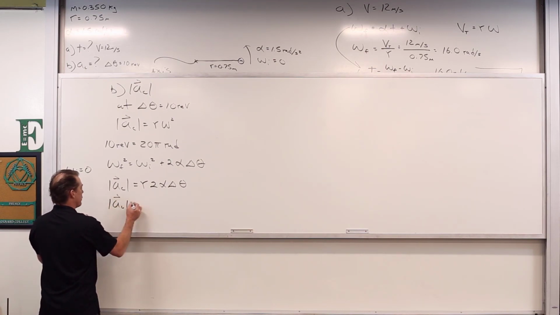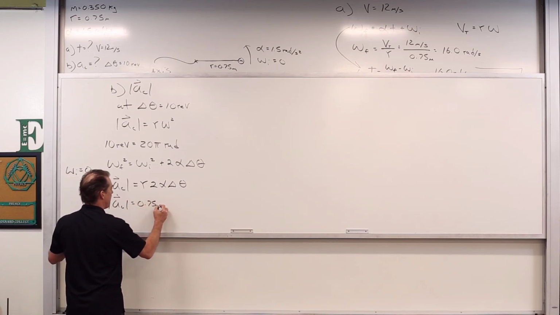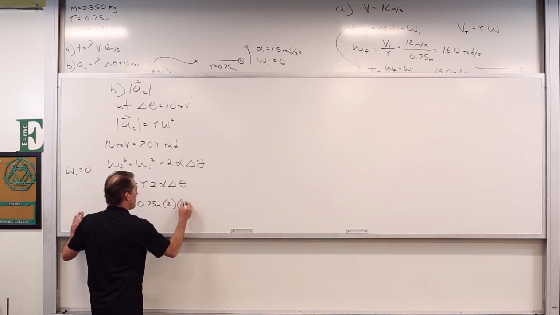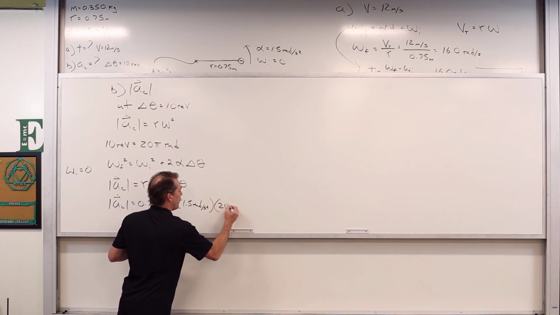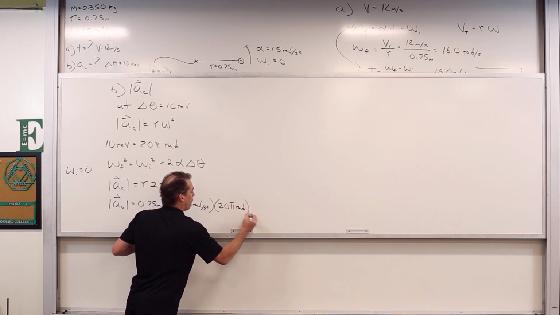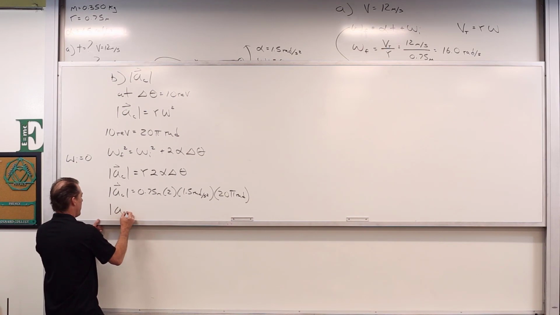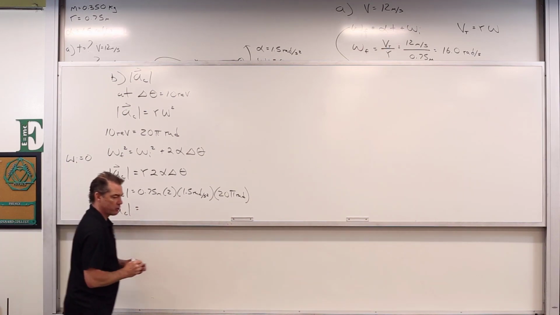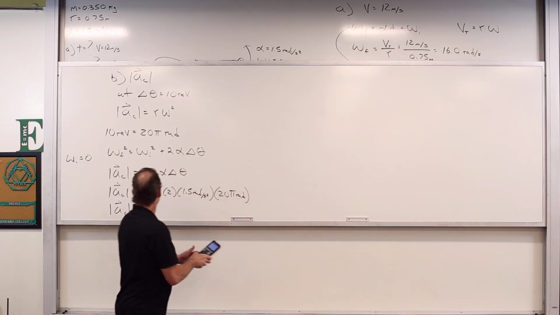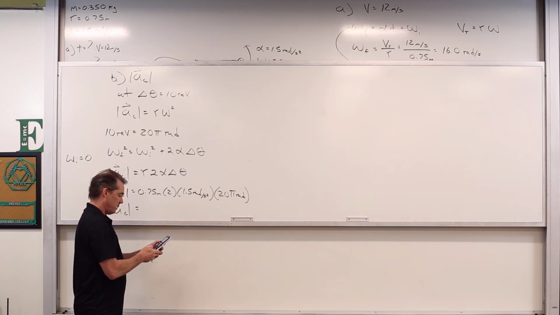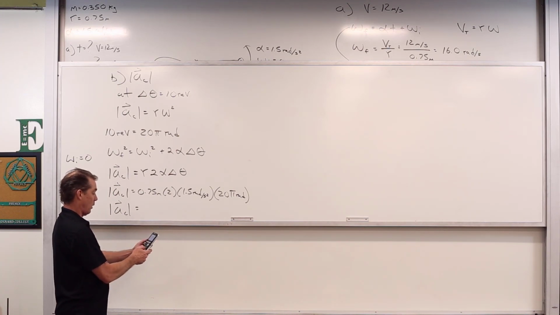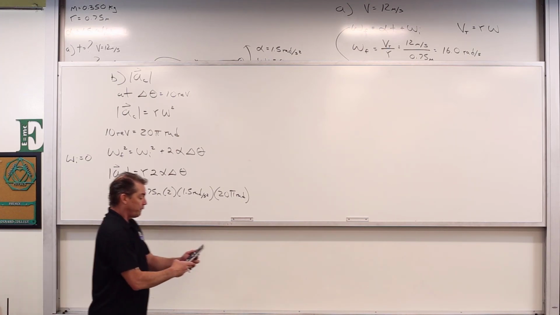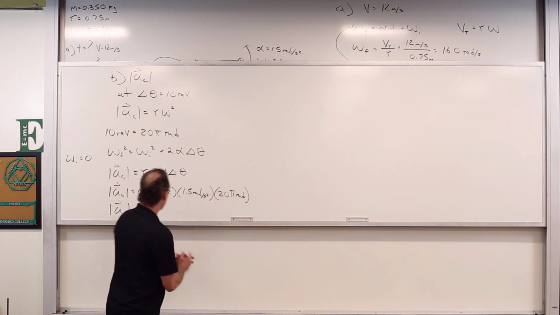The magnitude is equal to 0.75 meters times 2 times 1.5 radians per second squared multiplied by 20 pi radians, which leaves us with a grand total for the centripetal acceleration of 141.372.